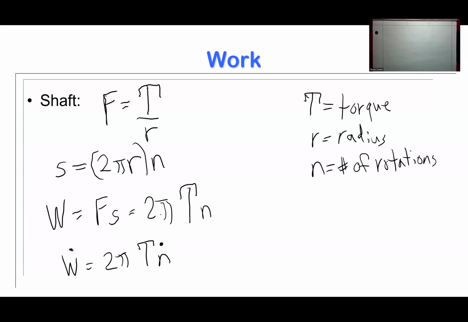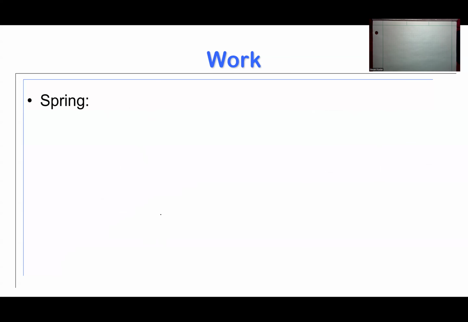So again, we don't have to dwell on that too long. I did want to show that to you because you will encounter some problems in the text, or maybe online, where they give you torque and the rotation rate. It's a very simple calculation to figure out the work being done. We just need the amount of time, the rotation rate and the torque, and we're good to go.